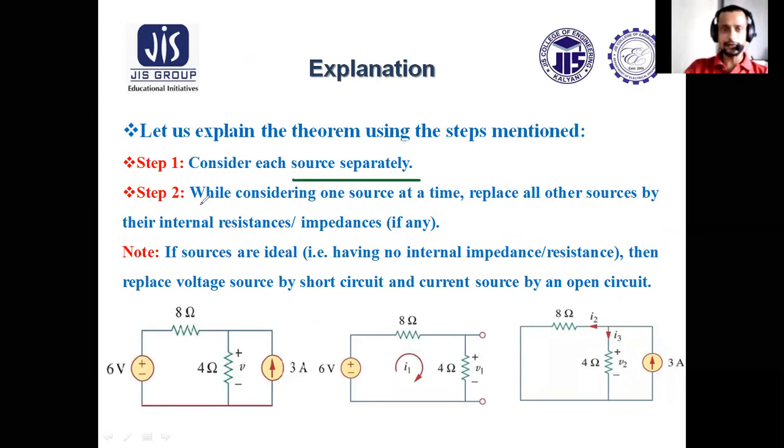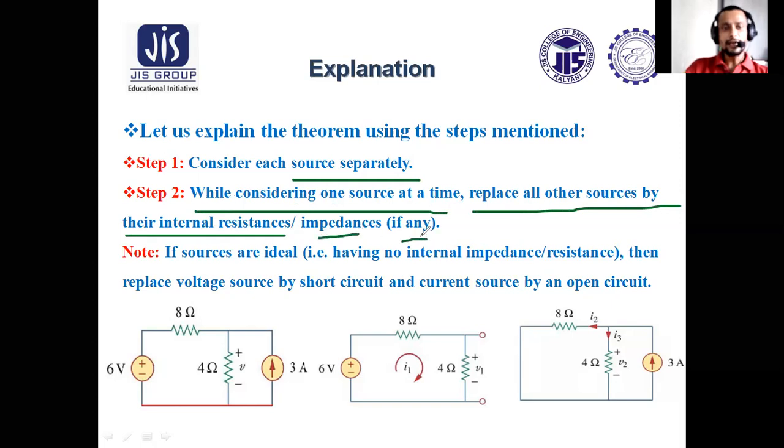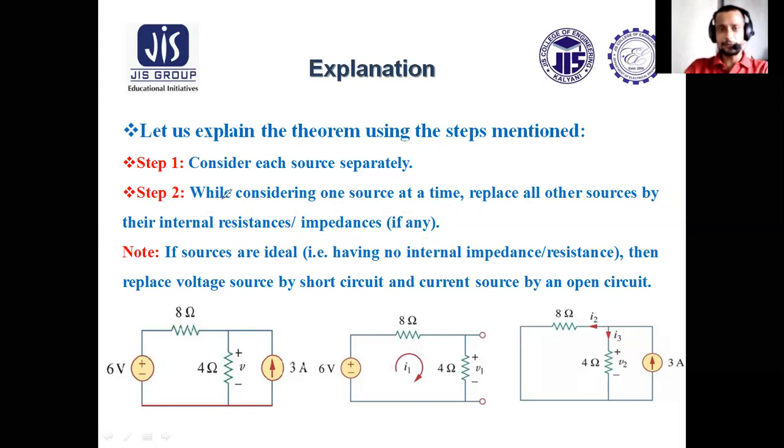Now, step 2 says, while considering one source at a time, replace all the other sources by their internal resistances or impedances, if any. If there is no internal resistance or impedance, the source has to be deactivated. So how can we deactivate a source? That we'll be discussing later.